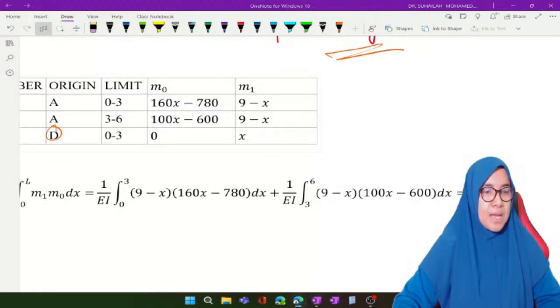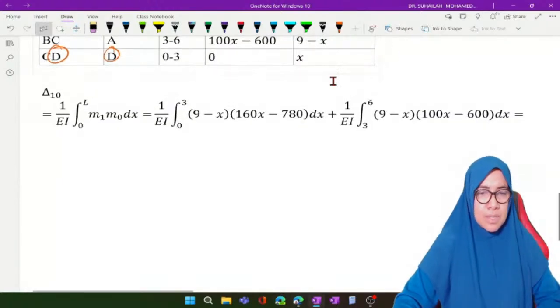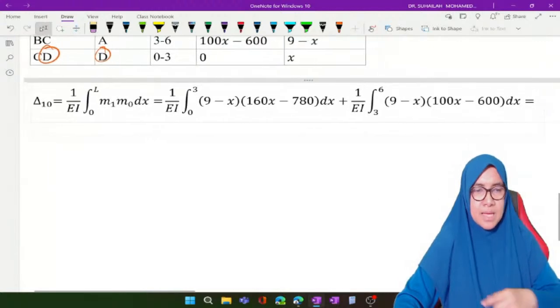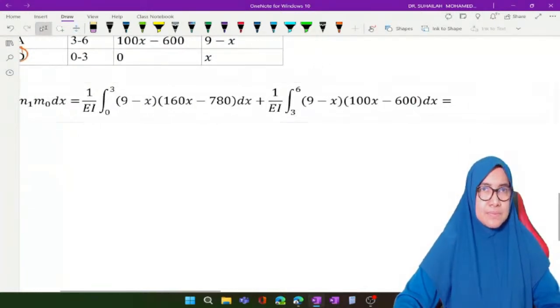Okay, please calculate delta 1 naught and give me the answer.